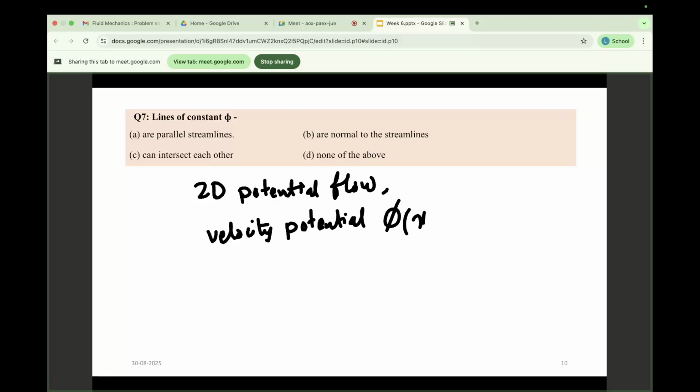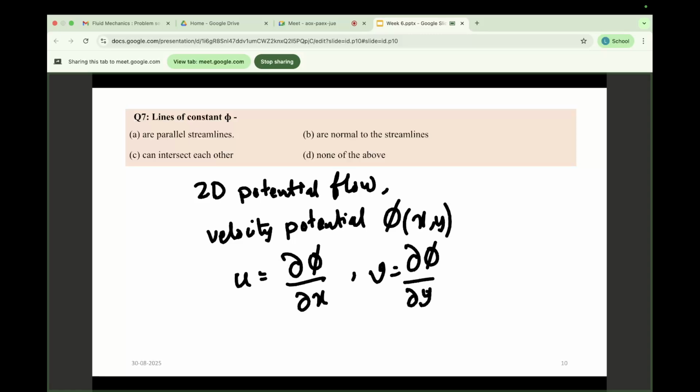Since it's 2D, it should depend on x, y. In the case of velocity potential, what has been taught is that u should be the derivative of the velocity potential with respect to x, and v should be the derivative with respect to y, right? Up to this, any confusion?